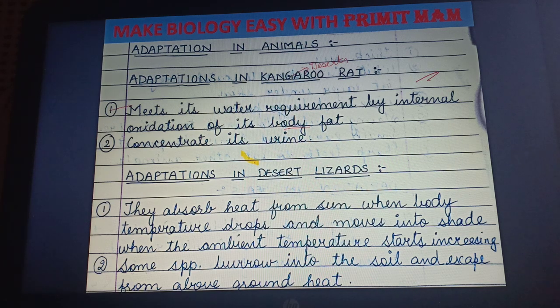As the deserts are very dry, they need more water. So what do they do? They meet their water requirement by internal oxidation of their body fat. Oxidation of body fat takes place, and water is the byproduct, and that water is used by the kangaroo rats.